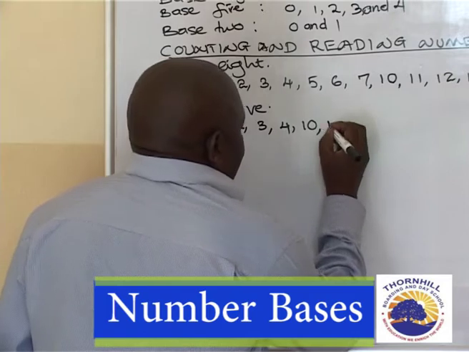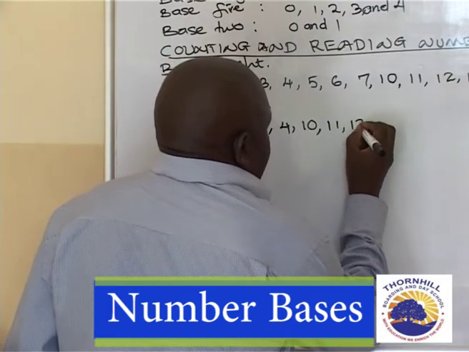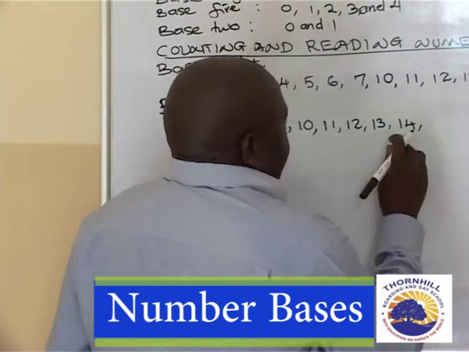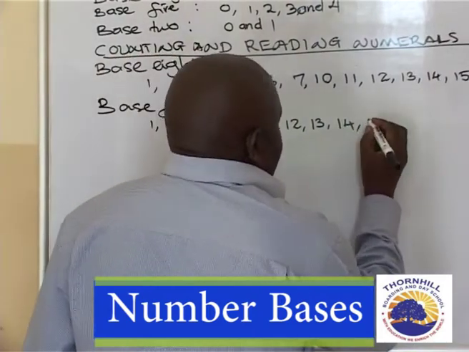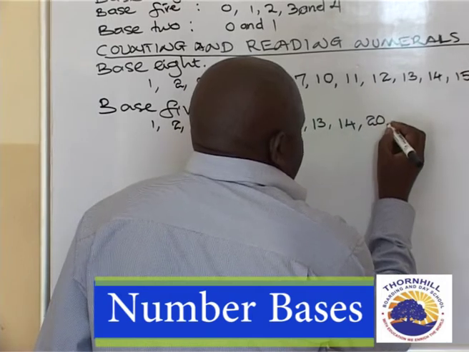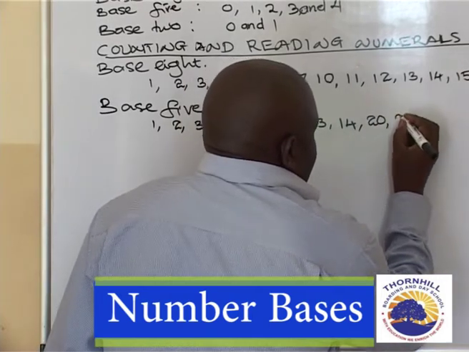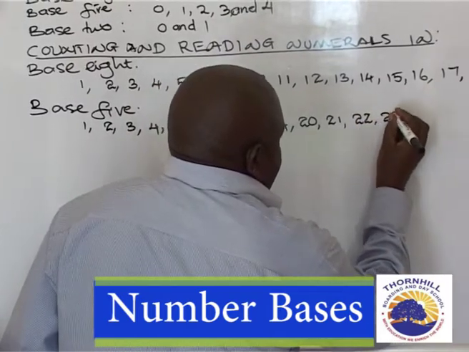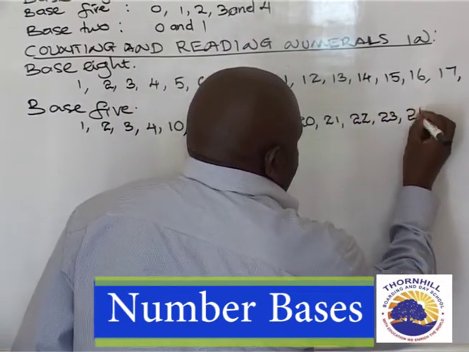The next ones are 1, 1, 1, 2, 1, 3, 1, 4. Next, again, we have the 4, which is the highest. It will be 2, 0. 2, 0 base 5, 2, 1, 2, 2, 2, 3, 2, 4.